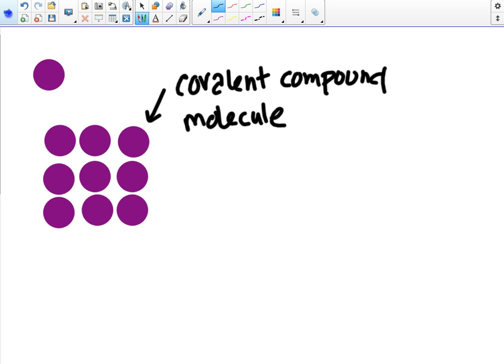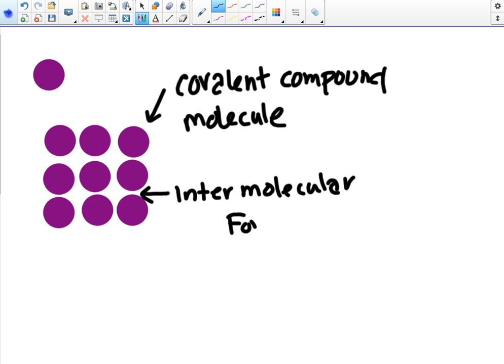But this molecule here is being held to this molecule here by what we call intermolecular forces. Intermolecular forces are forces between molecules. They're not a bond, and so they're weaker than ionic, weaker than metallic, and way weaker than covalent.